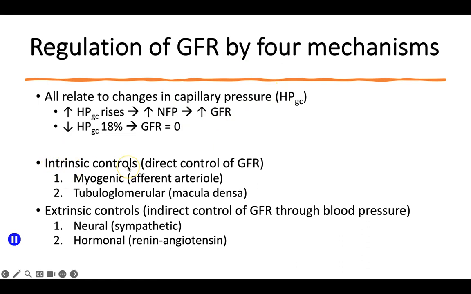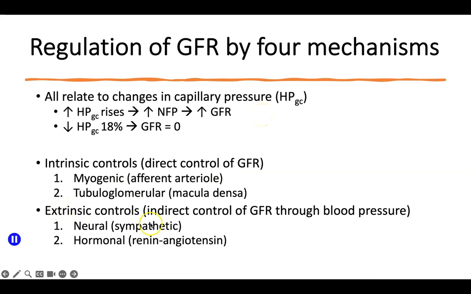So there are intrinsic controls. This is direct control of glomerular filtration rate. These are known as myogenic, which would be controls by the afferent arteriole, and tubuloglomerular, which would be the macula densa providing feedback and helping to adjust glomerular filtration rate.